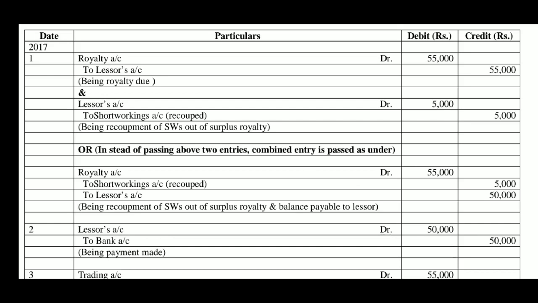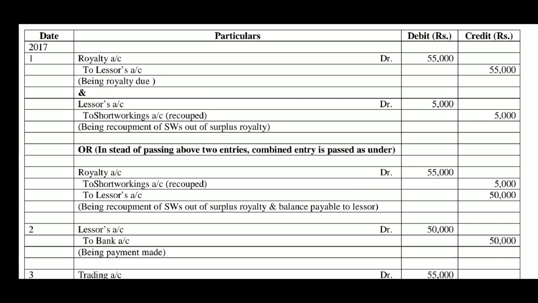Then with regard to lessor, in the first entry lessor's account was credited with 55,000 and in the second entry lessor's account was debited with 5,000. The net amount is credit given to lessor, 55 minus 5, 50,000. So, 50,000 is credited to lessor's account in the combined entry.